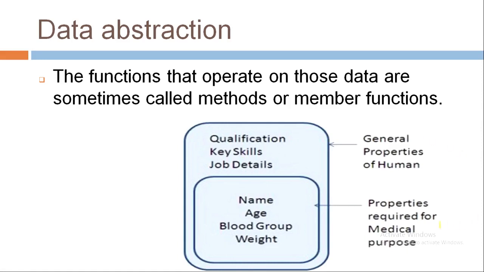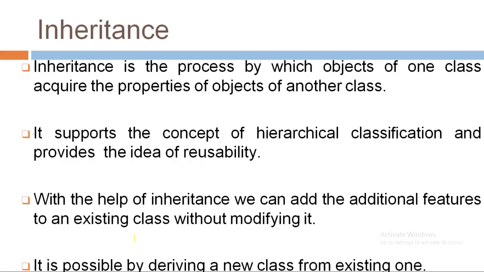But whenever attributes related to medical purposes are required, at that time their name, age, blood group and weight, all these attributes are taken into consideration. That means whenever there is such a requirement, only at that time this information is revealed to the user. So this is known as data abstraction.